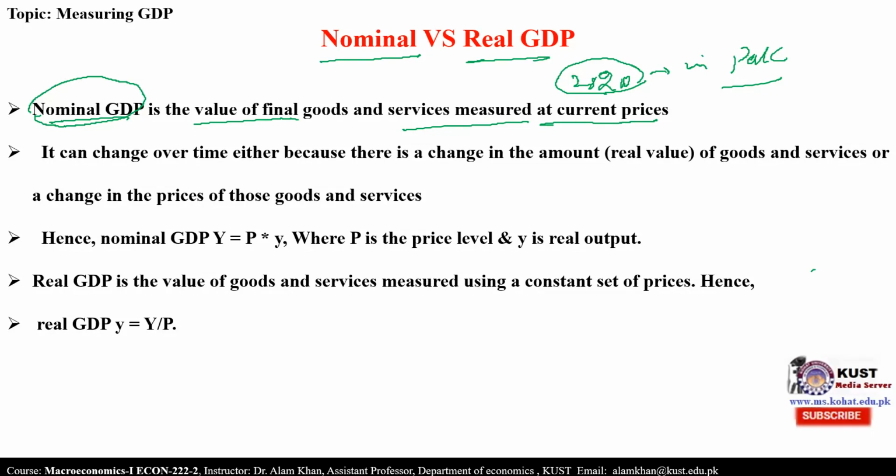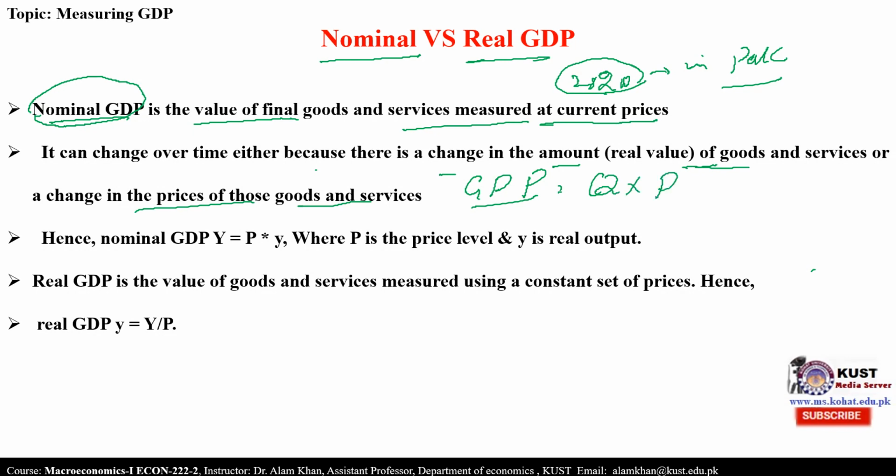It can change over time either because there is a change in the amount of goods and services or a change in the price of those goods and services. As we know, when we talked about measuring GDP, in the case of nominal GDP it's quantity multiplied by its prices.